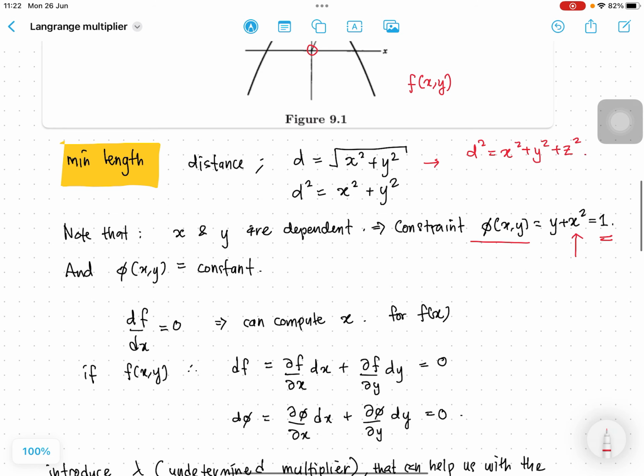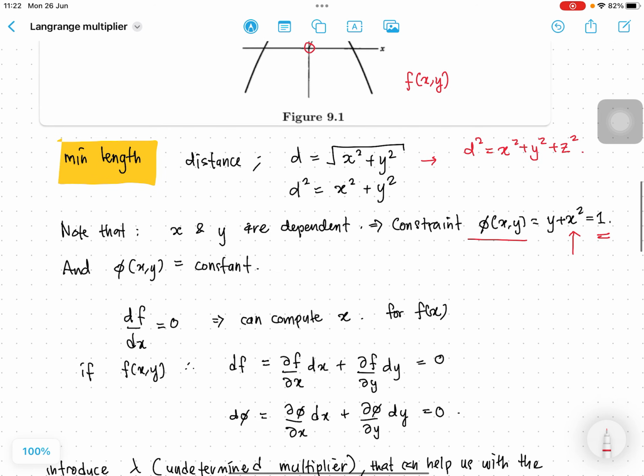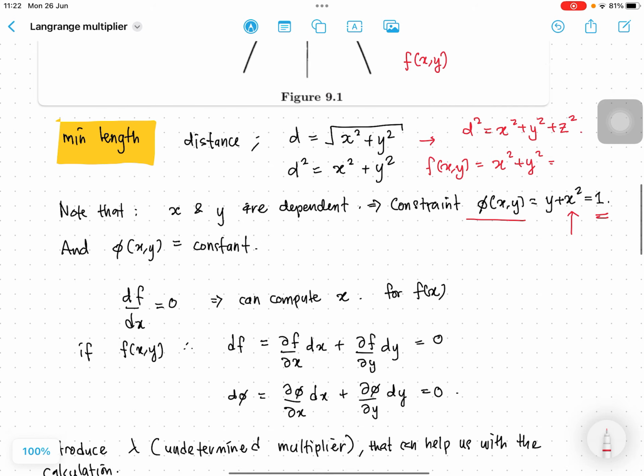Now, if you would like to solve the minimizing problem for the function f, in this case the distance, you may write x squared plus y squared. Because of the squares, you can just take the square root.